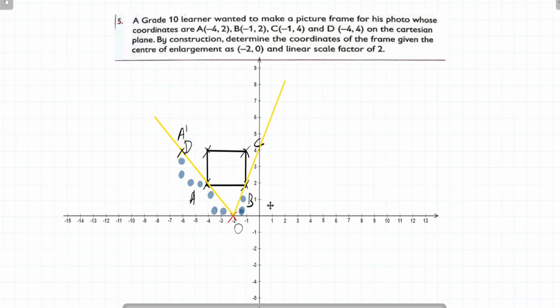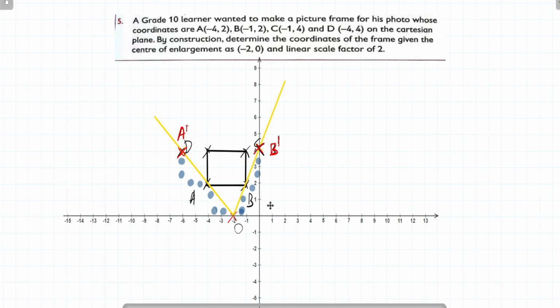Scale factor 2 means you do this a second time. So you go 1 and 1, 2. So your image will be here. Your image is going to be here. So this is B prime. And by the way, I used a different color for the heading. Let's say this one's A prime, B prime.